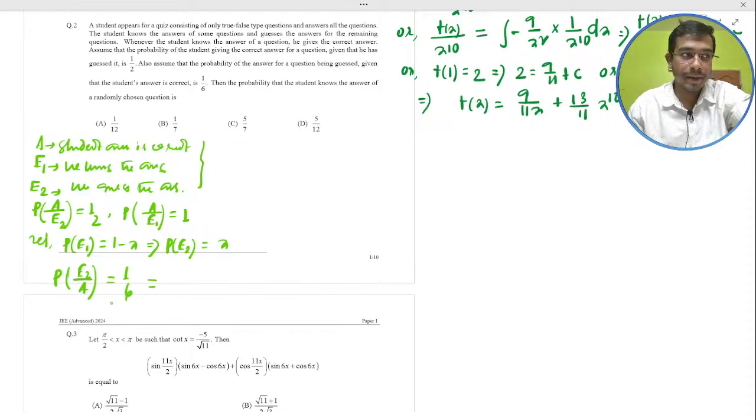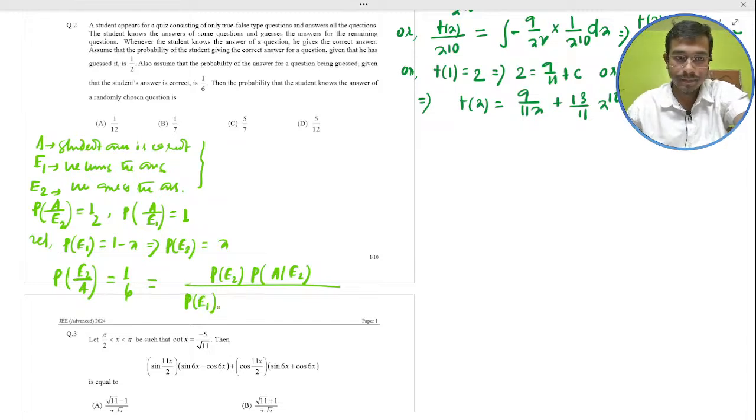Okay, that means put this value in the Bayes theorem: P of E2 into P of A by E2 divided by P of E1 into P of A by E1 plus P of E2 into P of A by E2. Put this value.